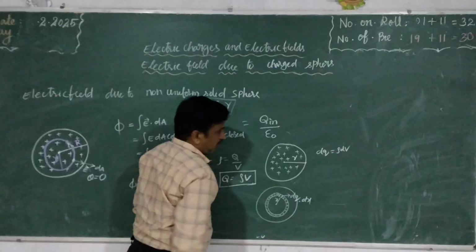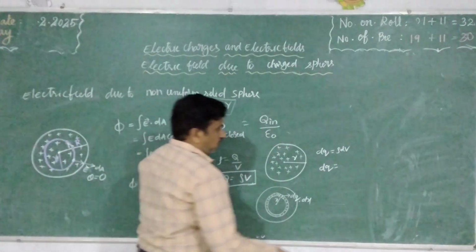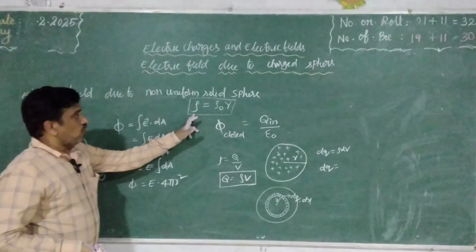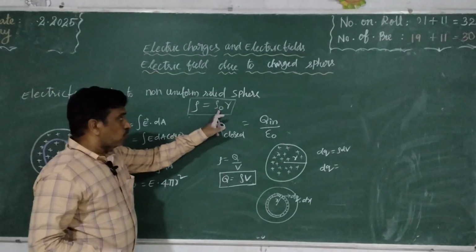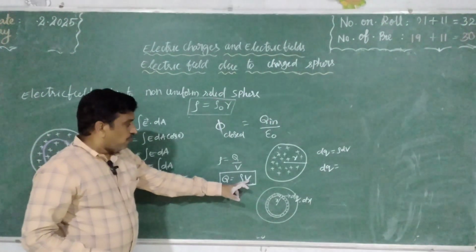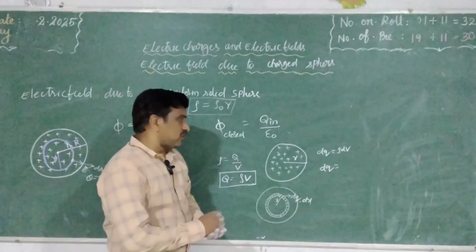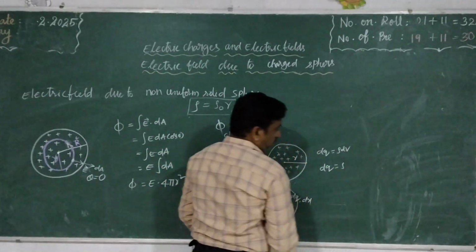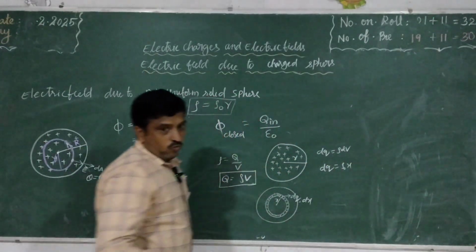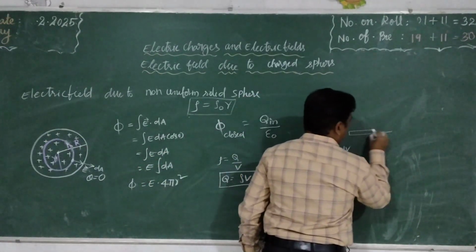Here, we need the density. How was the density given? Volume charge density rho equals rho naught r. Here the distance is x, so rho naught x we can write. And dV means volume. If this is cut and extended, it will appear like this.